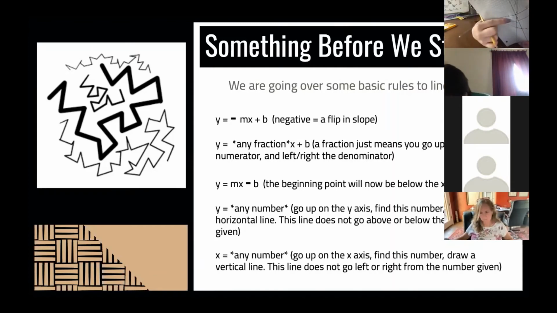That's your point right there. And you're going to go up and down. That's what x equals. X equals -3. This line I created is the next formula that we are doing together.